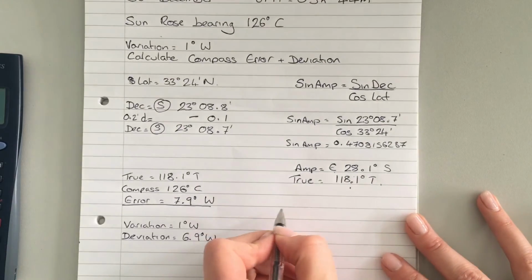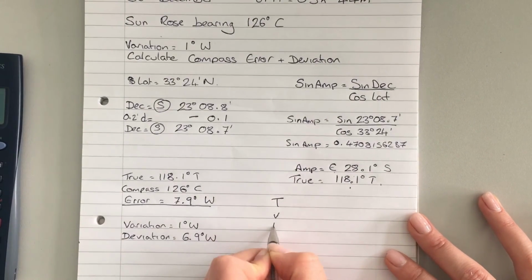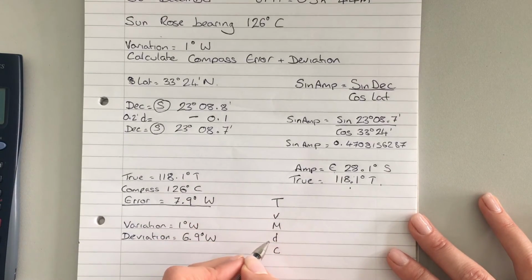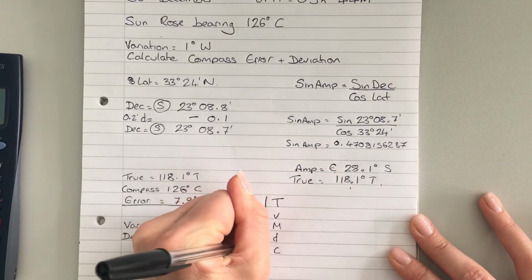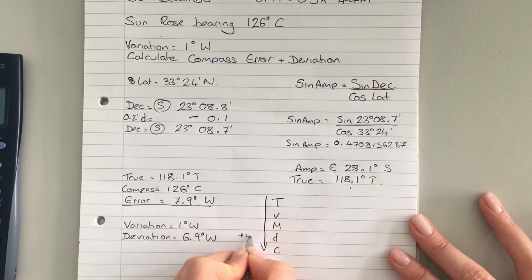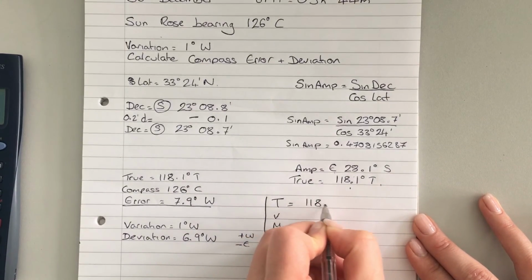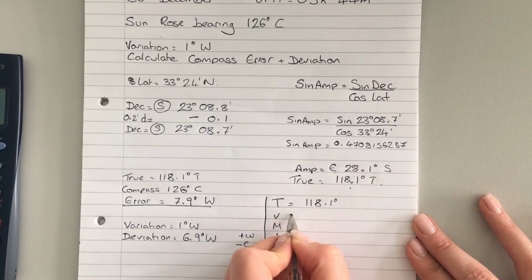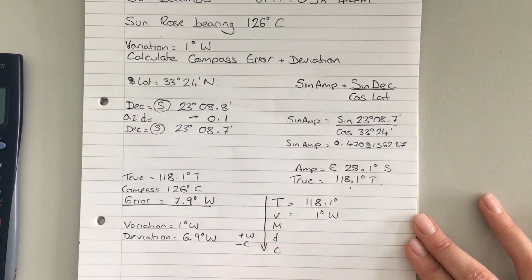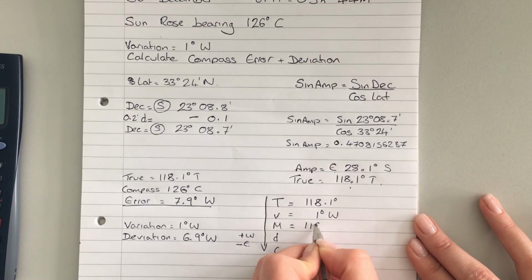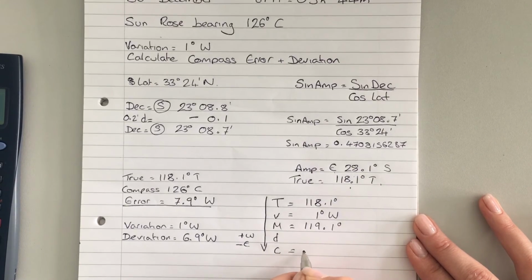There is another way of doing this though, through T, V, M, D, C. True bearing, variation, magnetic, deviation, compass. And if you're working down in that direction, you're adding westerly values and minusing easterly values. So the true was 118.1 degrees. The variation was 1 degree west. Working down, so I'm going to add it to get my magnetic of 119.1 degrees. The compass, as we know, is 126 degrees.